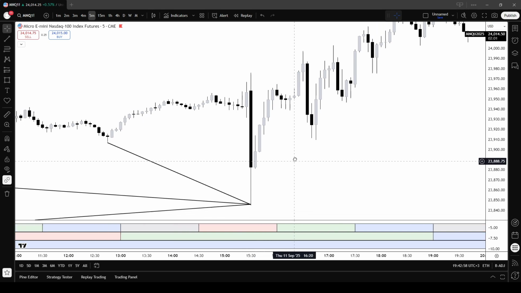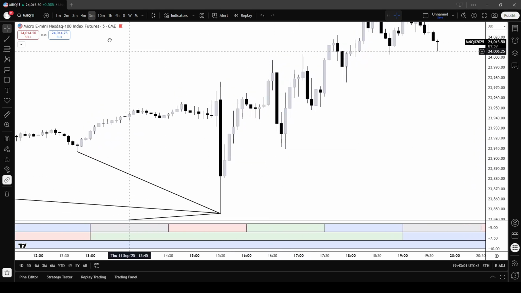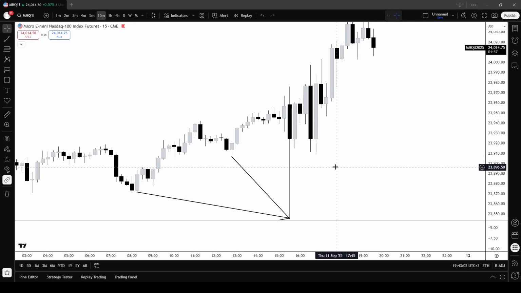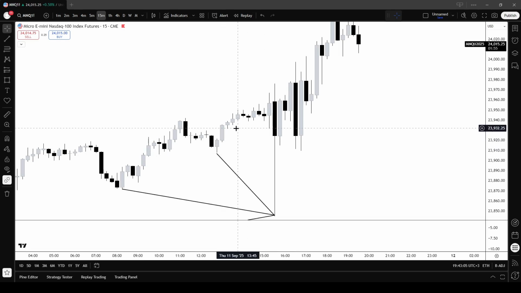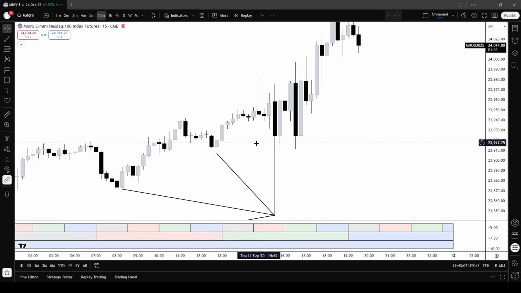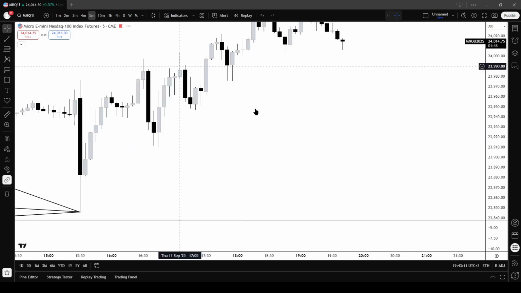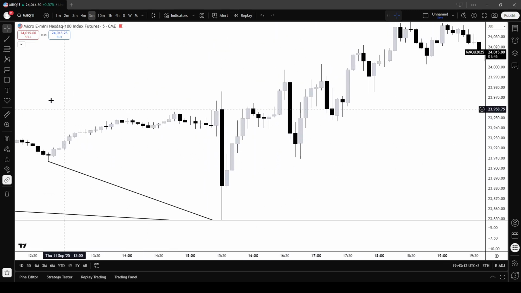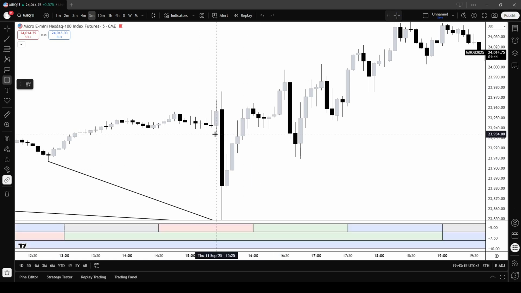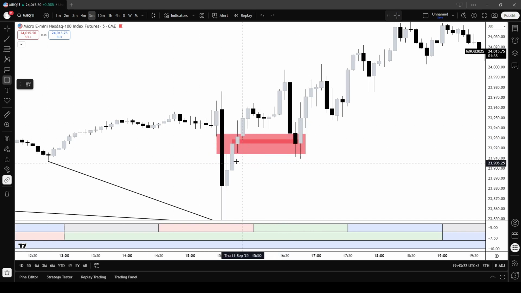Okay, now where do we enter? Let's go to the 50 minute. As you can see, we have no gaps. I mean this one, but I wouldn't really trust it because it's an old one. But we had 3 gaps. You could enter from here, or from here.